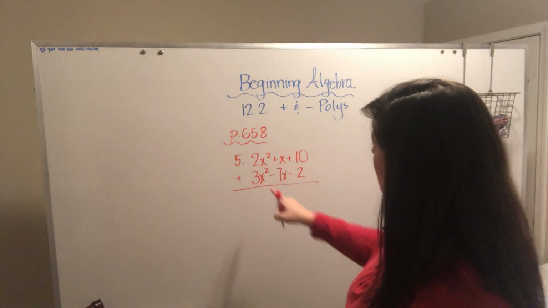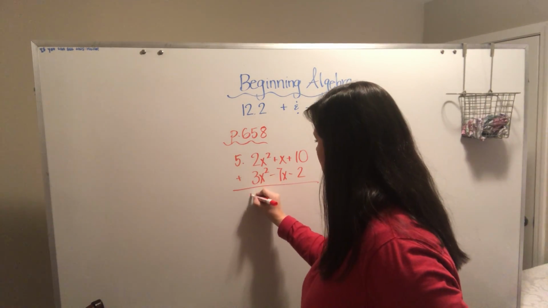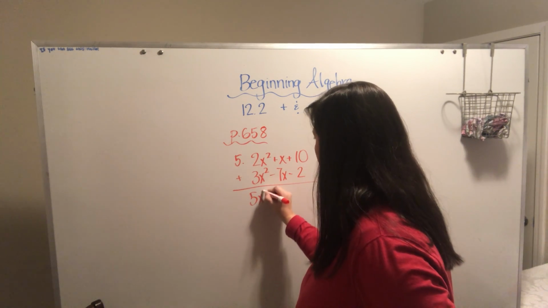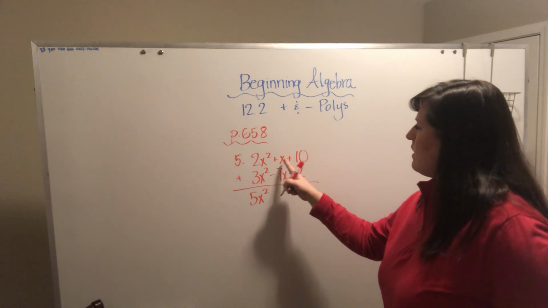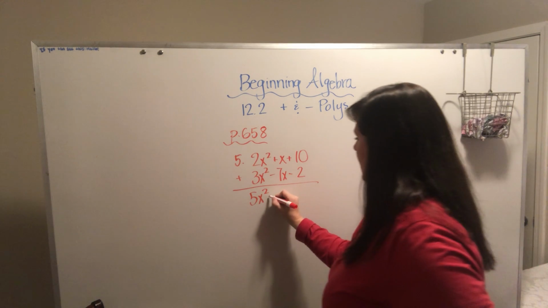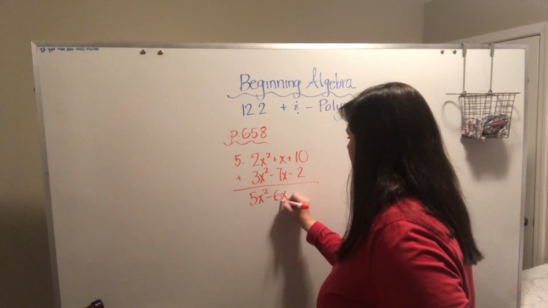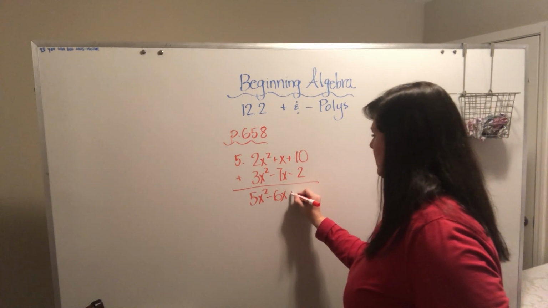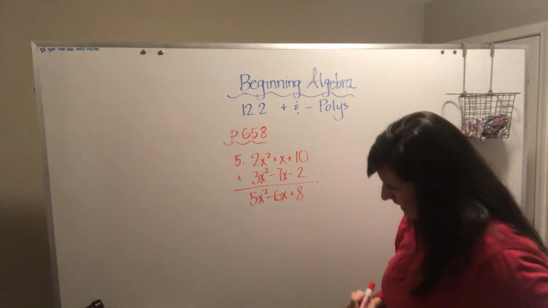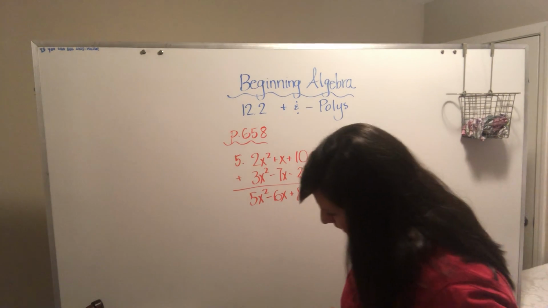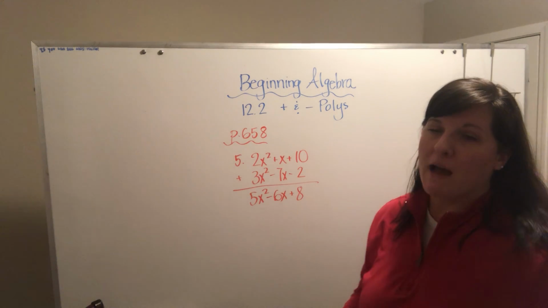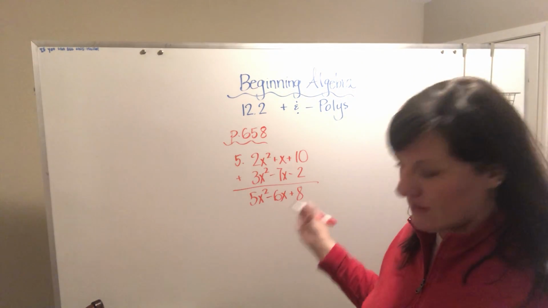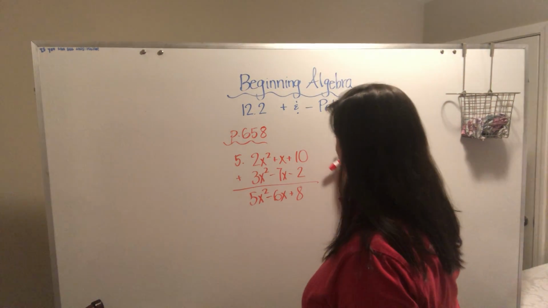So this is addition, 2x squared plus 3x squared. You're only adding the coefficients, 5x squared. 1x minus 7x, negative 6x. 10 minus 2 is 8. And if you've remembered rules and positive and negative, you're going to do great on this. This will be no problem.